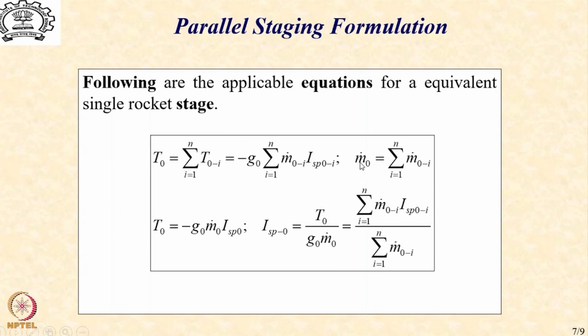We also note that the total mass flow rate that is coming out of the zeroth stage would be the sum of the mass flow rate of all these rockets.